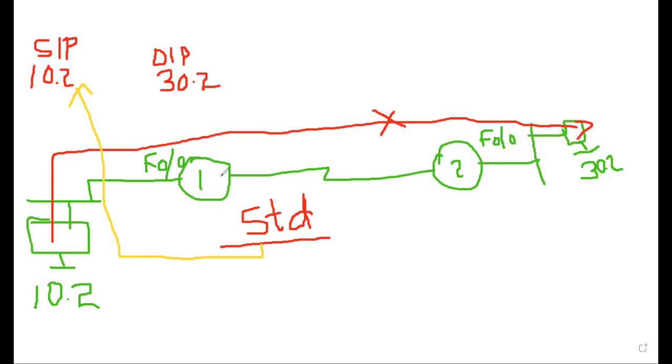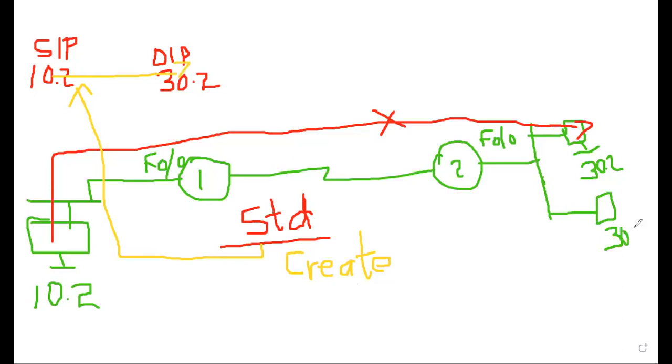Let's say in an access list there are two statements. One, create the access list. The statement that you create should satisfy: any traffic coming from 10.2 should be blocked to 30.2. And you have a system here which is 30.3.